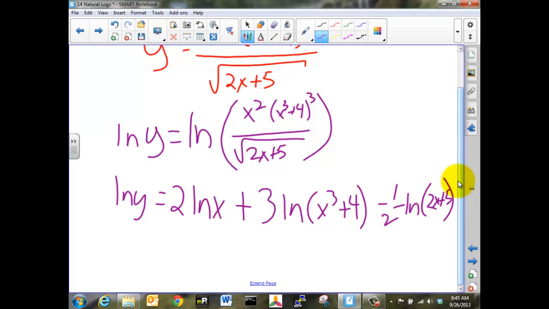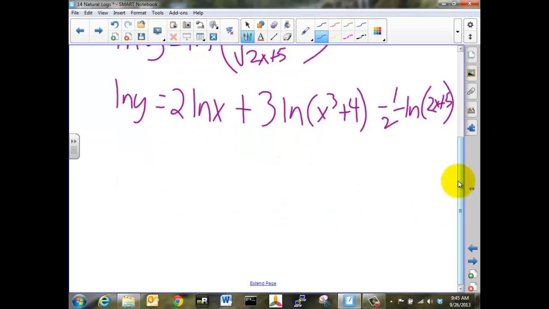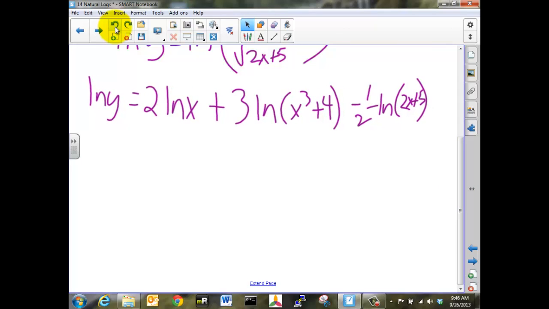Okay, that's just expanding out using our properties, right? Still haven't done any calculus yet, have we? Now what do we need to do, if our goal is to find the derivative?